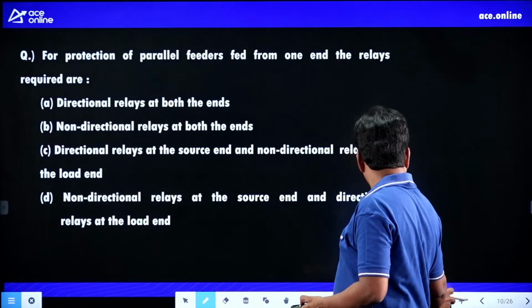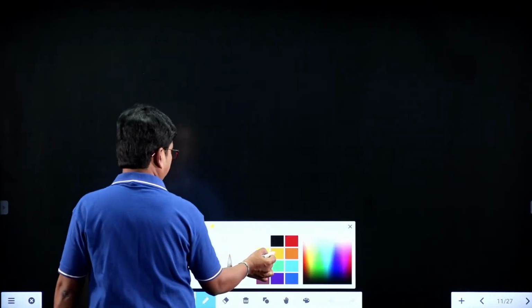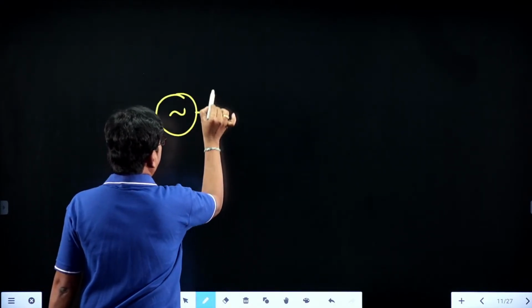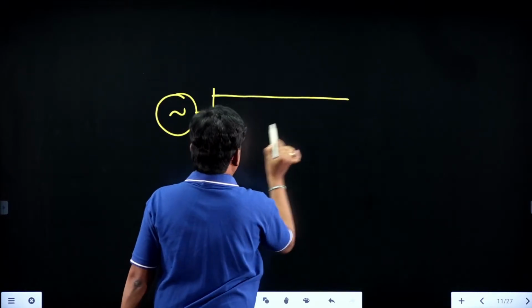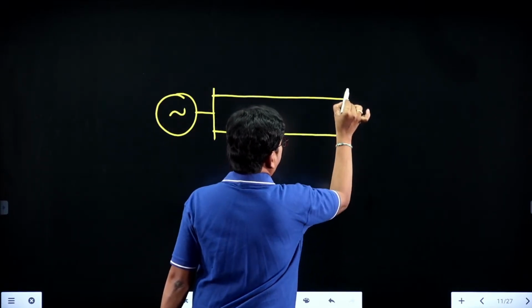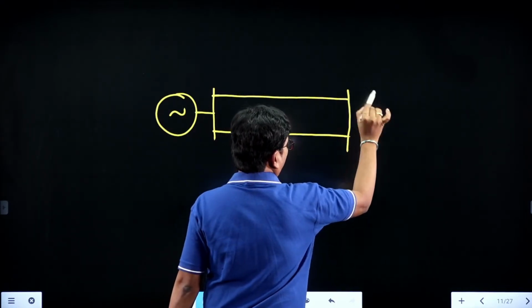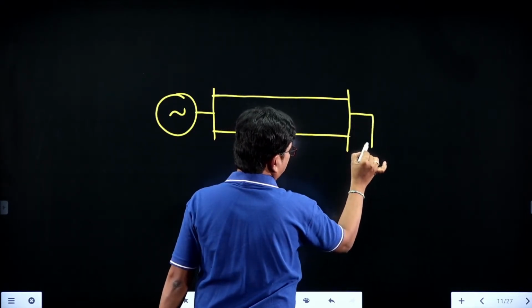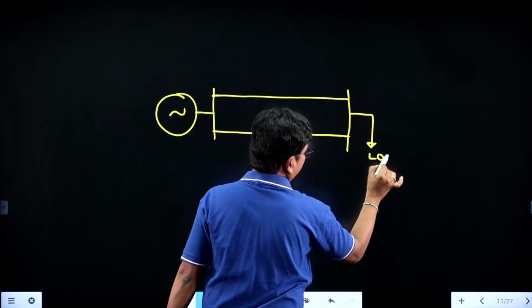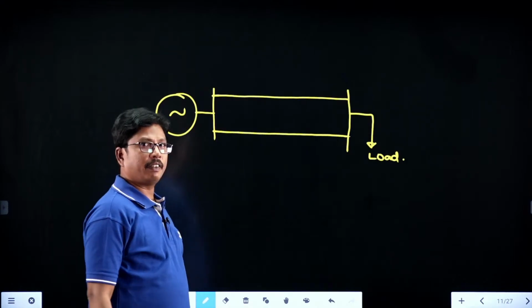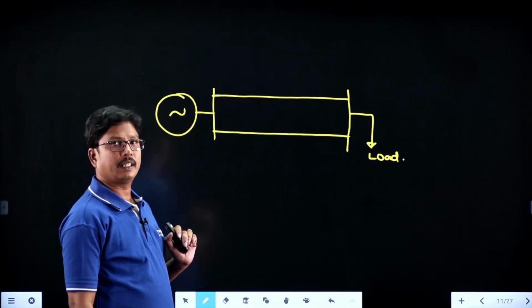So whenever you are having parallel feeders, just check here, students. Suppose you are having the load point here, the load at this location. Tell me, students, where we need the directional relays.